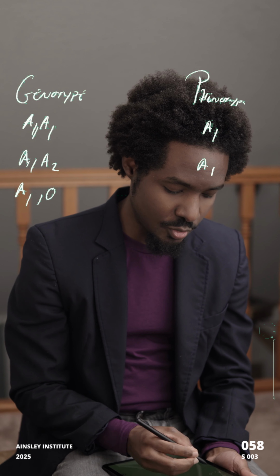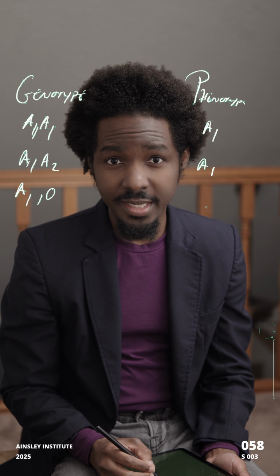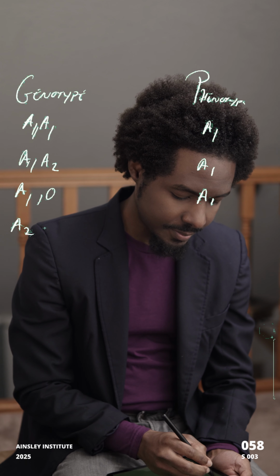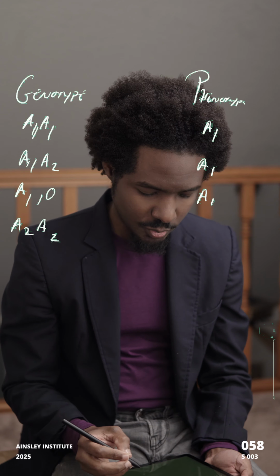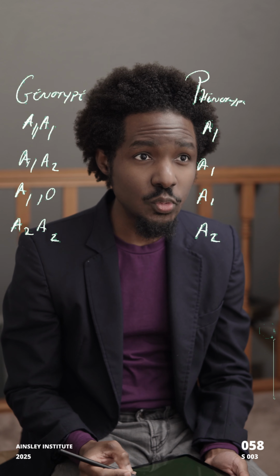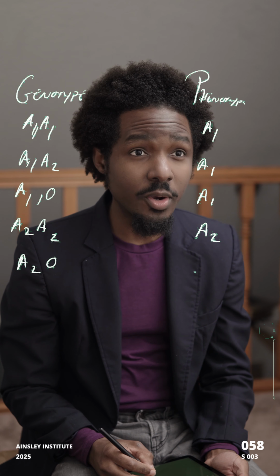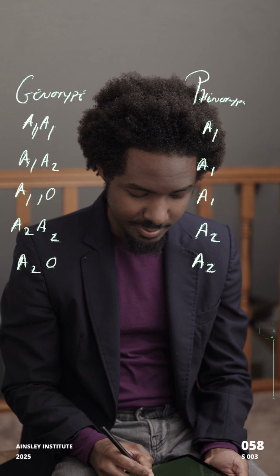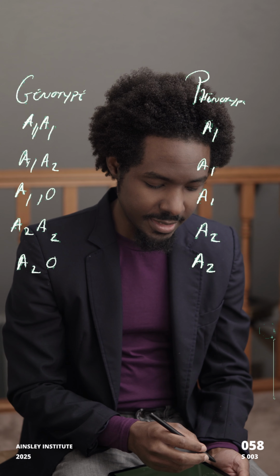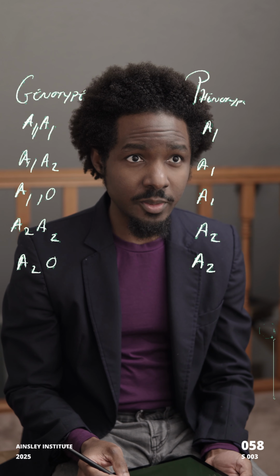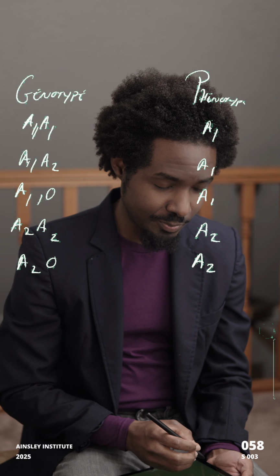let's say we have O, we're going to still expect A1. If the genotype is A2 and A2, we're going to expect A2. If the genotype is A2 and O, we're going to expect A2. So A1 is stronger than A2, A2 is stronger than the O, all right? Just bear that in mind.